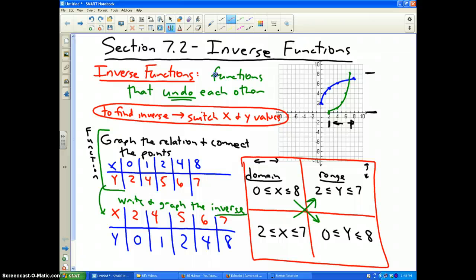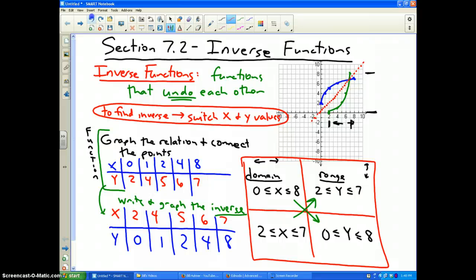Finally, what happened with the graph? Well, you notice if you take that blue graph, and I'm going to do this as best I can. I'm going to erase that. It wasn't as good as I can do. If I take that blue graph and I flip it across that dotted line, you notice the green line is a mirror reflection of it.